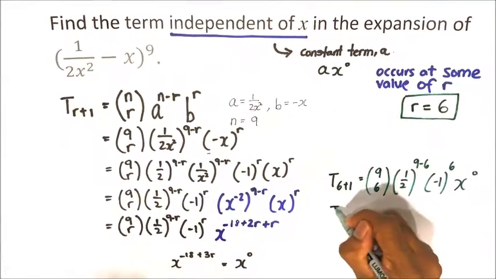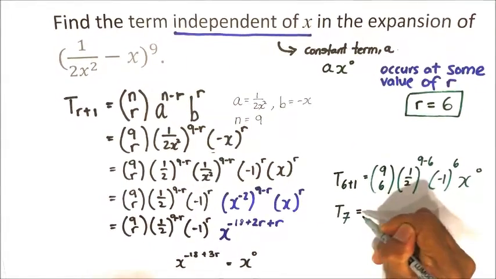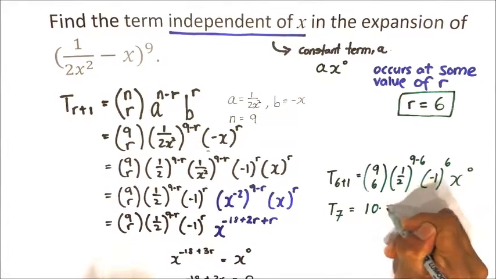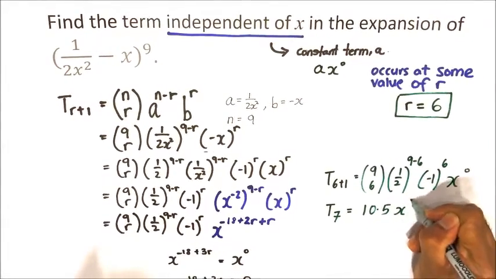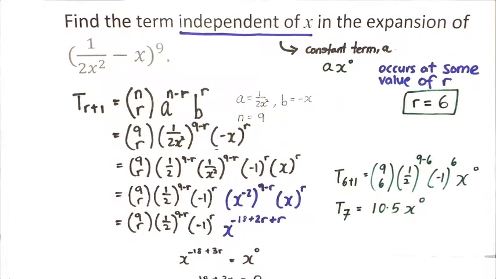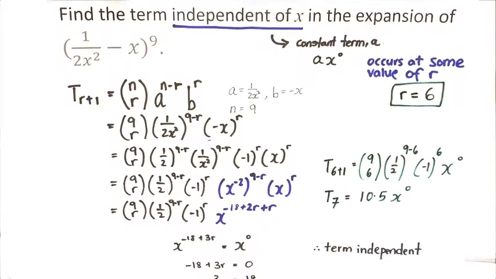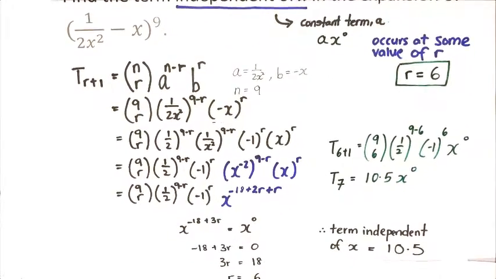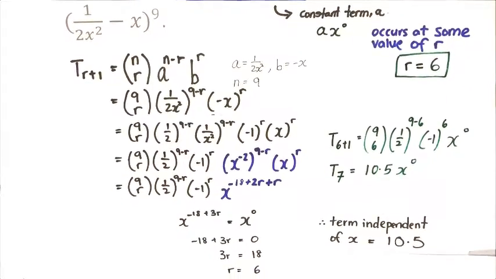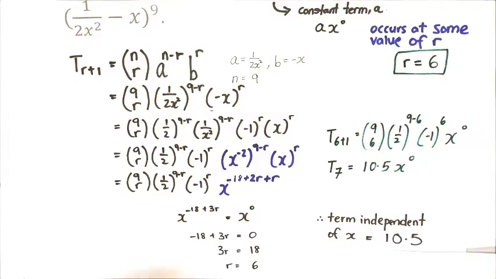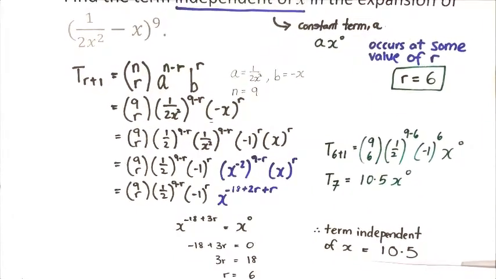Using a calculator, the seventh term is equal to 10.5 times x to the power of 0. And since x to the power of 0 is just 1, the term independent of x is 10.5. And this is how you find a specific term in a binomial expansion when the term number is not given.